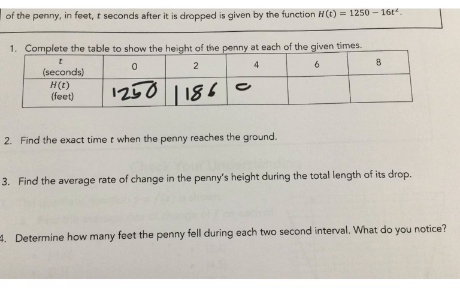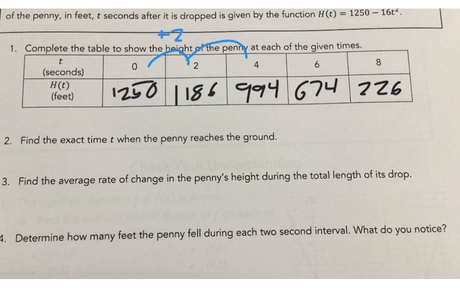So I'm going to fill these values back in. So here, do I have equal intervals in the domain? From 0 to 2 is plus 2. From 2 to 4 is plus 2. From 4 to 6 is 2. 6 to 8. So I have equal intervals over my domain. Check.